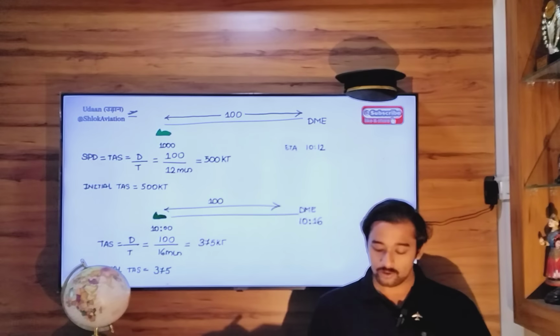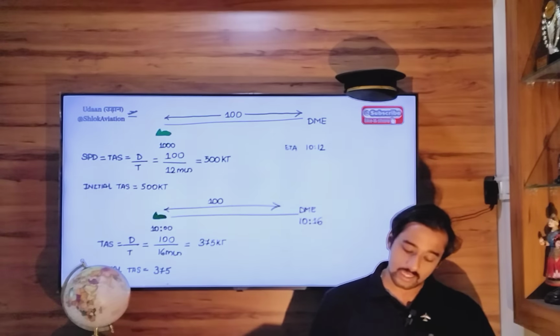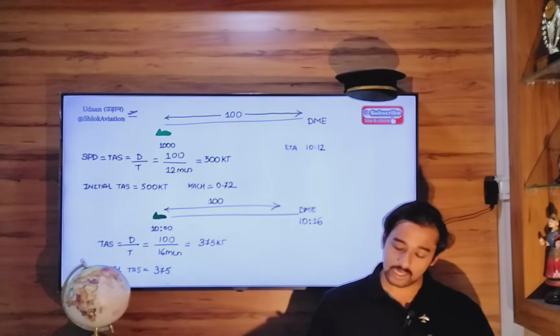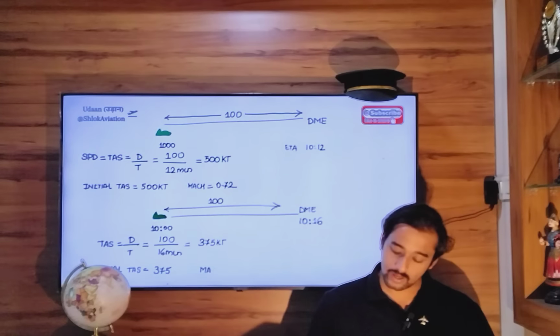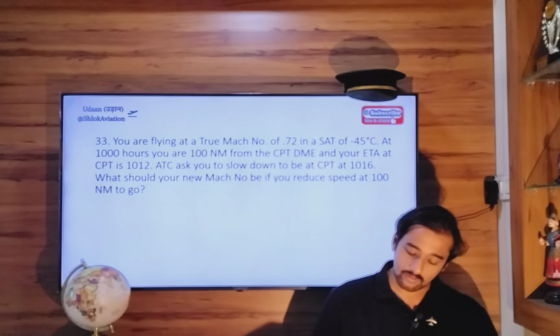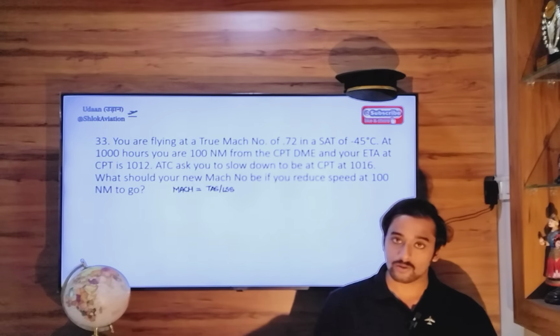So now we have to find out new Mach number. With this true airspeed, your Mach number as given in the question is 0.72. Now with this new final true airspeed, what will be your new Mach number? We have to find that out. Okay, new Mach number. So we know that Mach number is equal to true airspeed divided by local speed of sound.